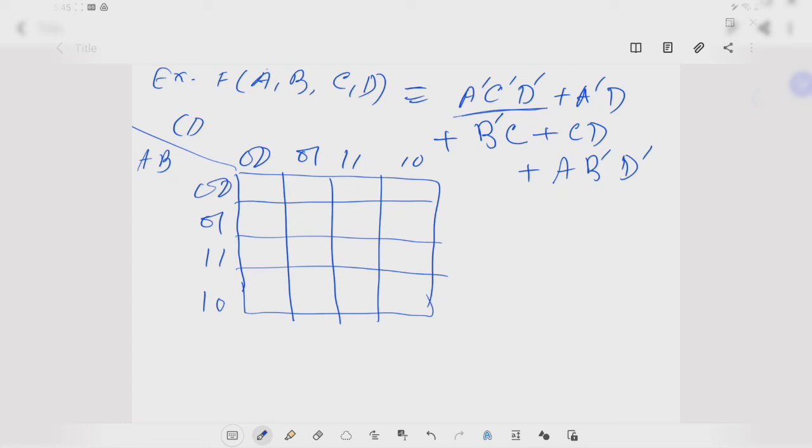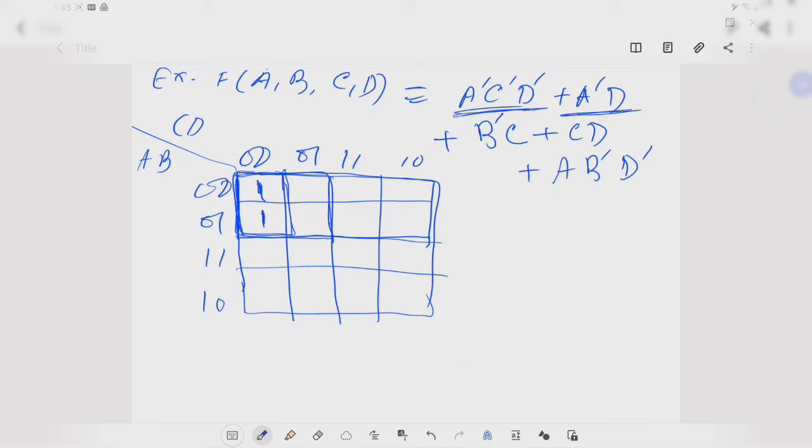So we need to find the boxes in the K-map where A is 0. A is 0 here and here, and C is also 0 only here, then D is also 0. So only those two are 1 for the first term.